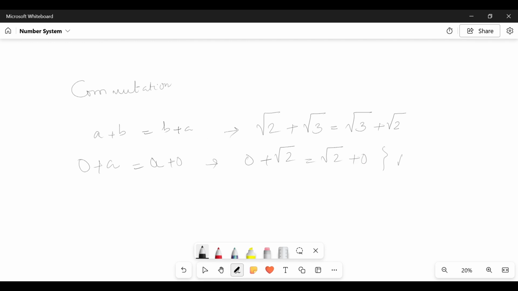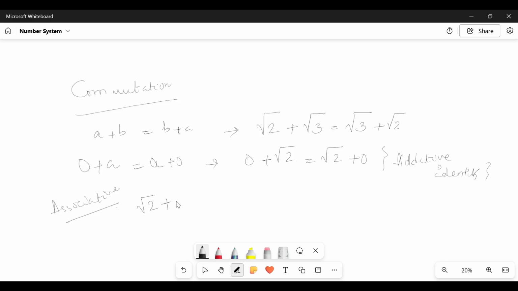Now this was the additive identity. So let's look at an example for the associative nature of real numbers. Any irrational number is also associative in nature.